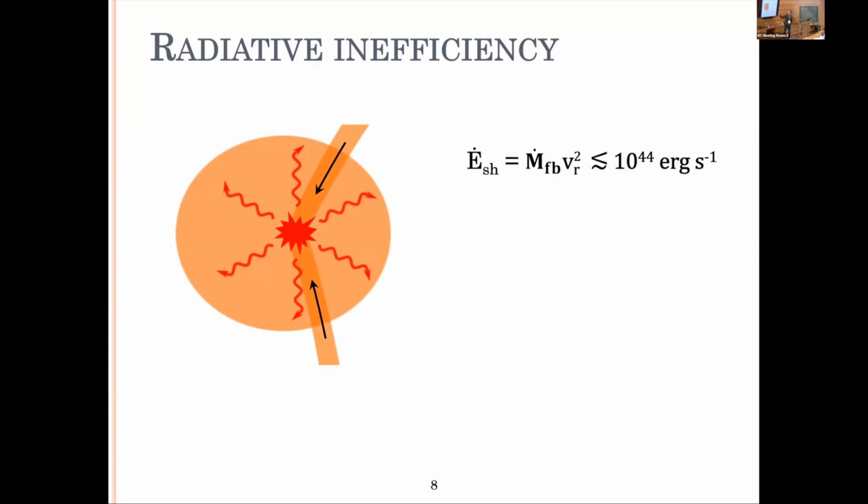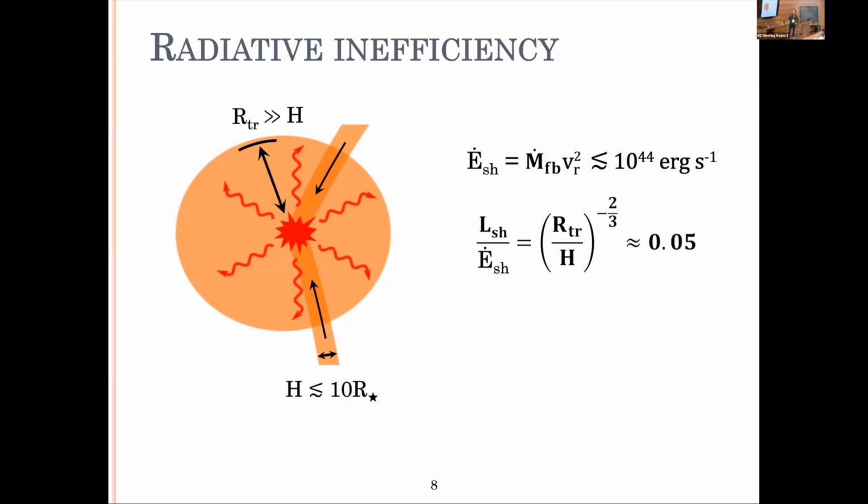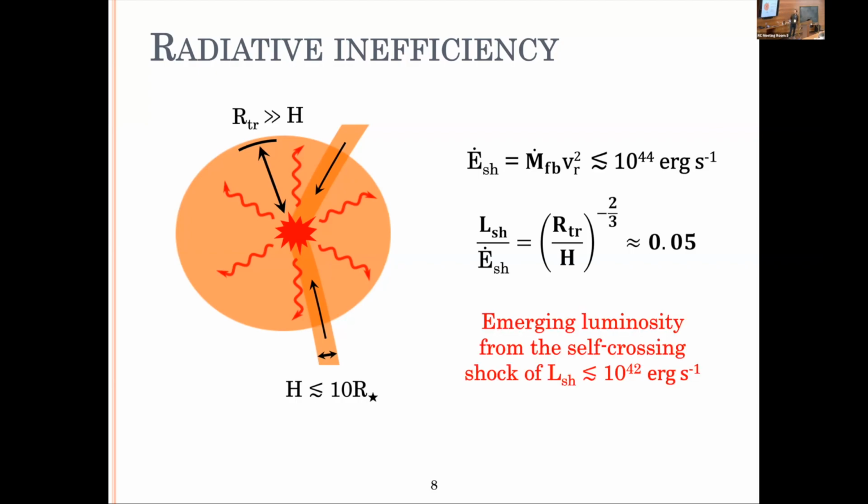However, because the photons are created on such small scales, the scales of the streams, and because of the high optical depth of this outflow, they have to diffuse up to a very large trapping radius before emerging. Essentially, the photons lose energy by doing work on the gas until they reach this very high trapping radius. Because it is so high, only typically 5% of this heating rate actually emerges as luminosity.